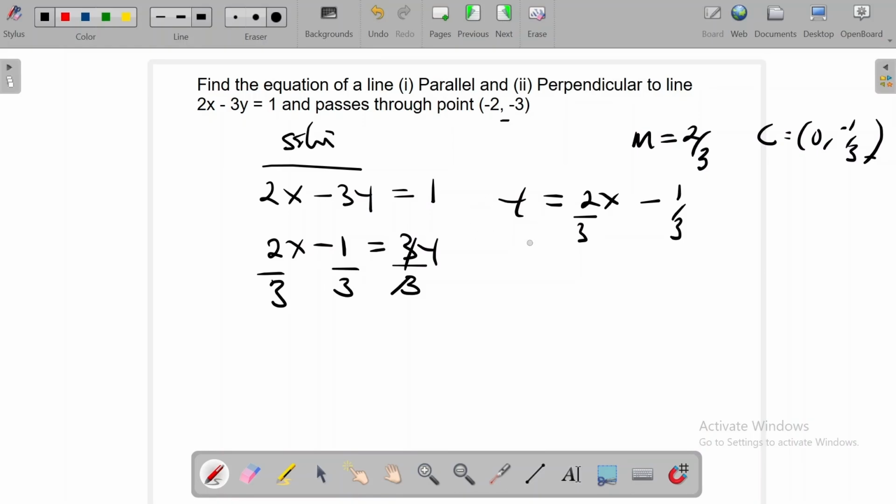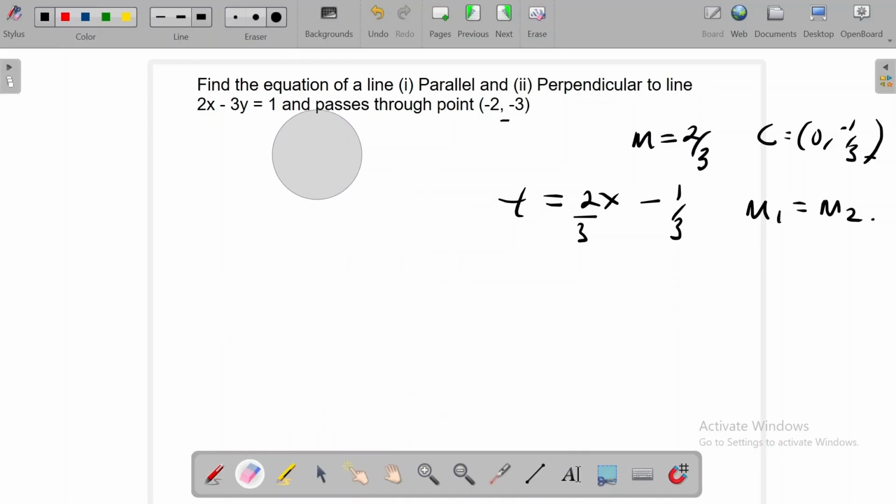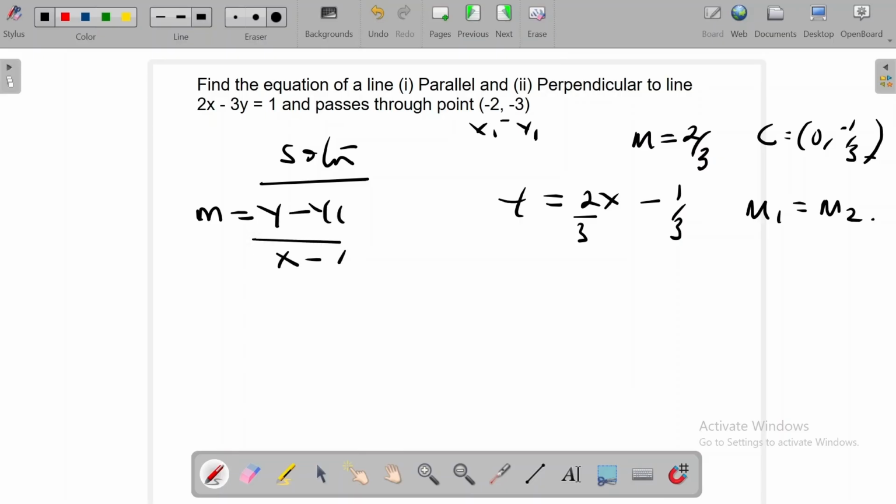If it is parallel, in this case, m1 should be equal to what? m2. For 1-point form, let's call this x1 and also y1. I can simply say the slope, which is m, is equal to y minus y1 over x minus x1.